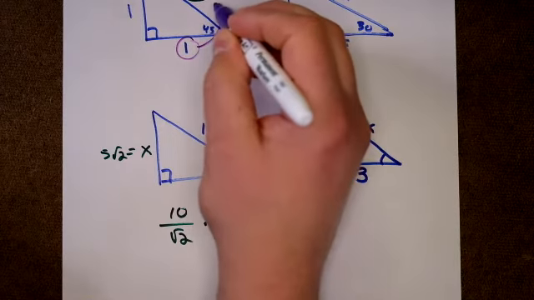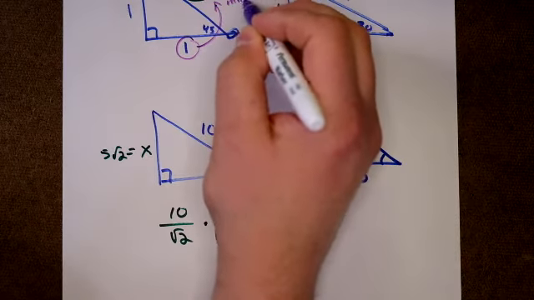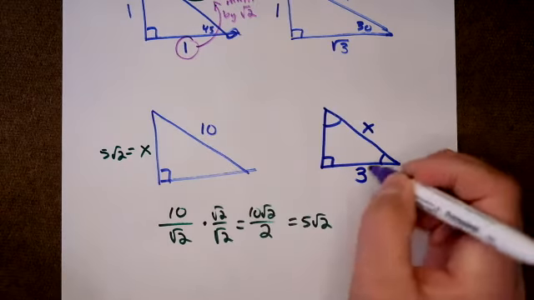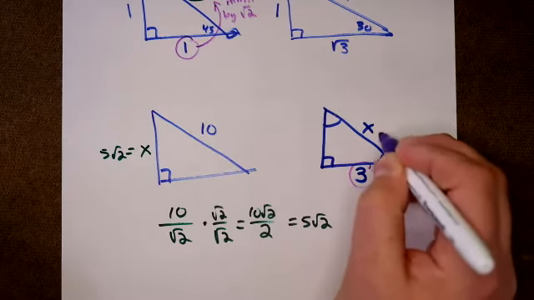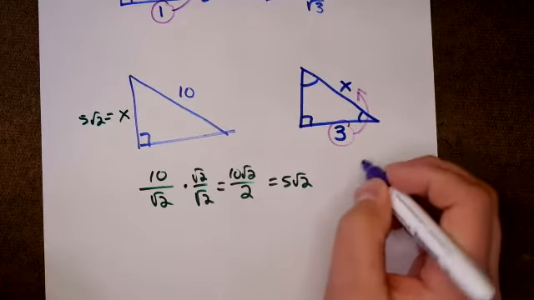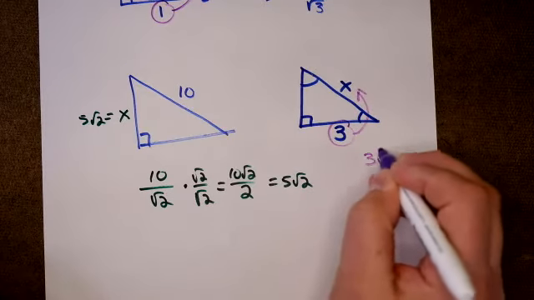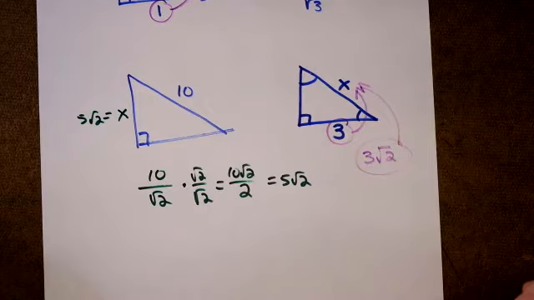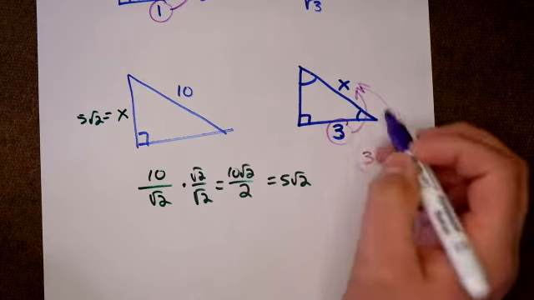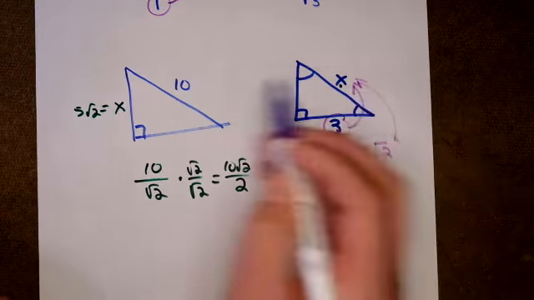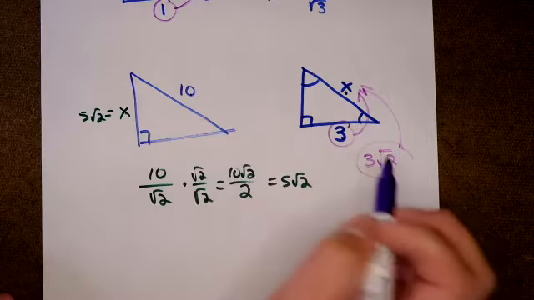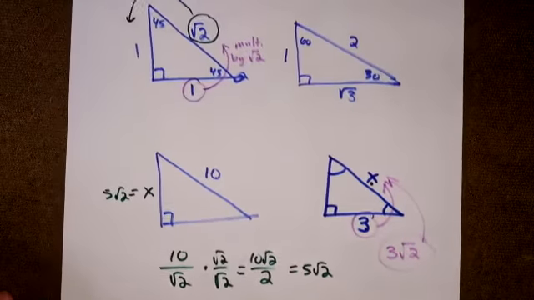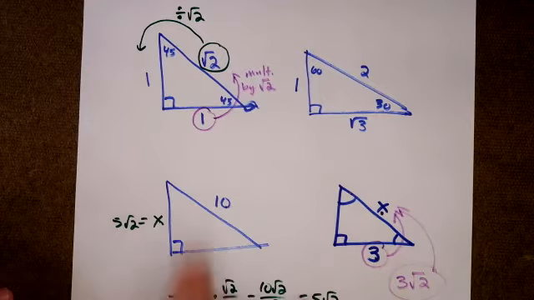I must multiply by √2. So going from here to here, we're going to multiply that by √2. So you get 3 times √2. And that is your answer for x. Nothing to simplify there. So whatever the short leg is, multiply it by √2 to get the hypotenuse. If you know the hypotenuse and you're going to the short leg, then divide by √2. And I think that's a quick, easy way to know that special right.